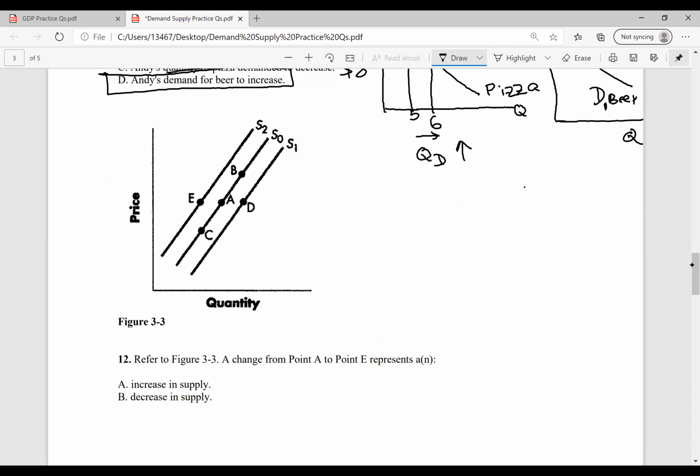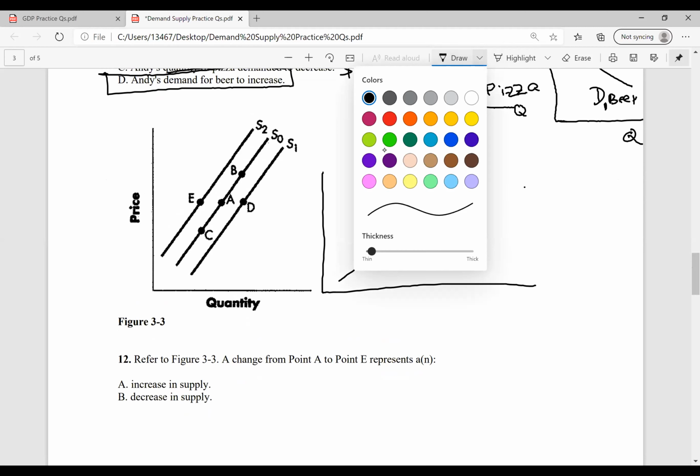All right, take a look at question number 12 here. Okay, we can do 3 things. This is my initial supply curve, and let's just use a different marker.